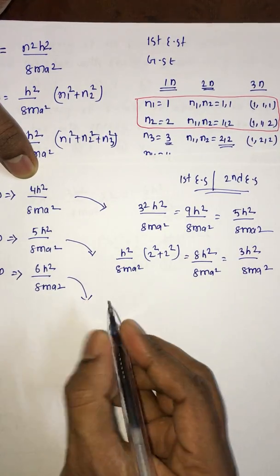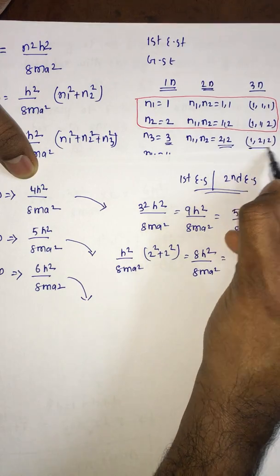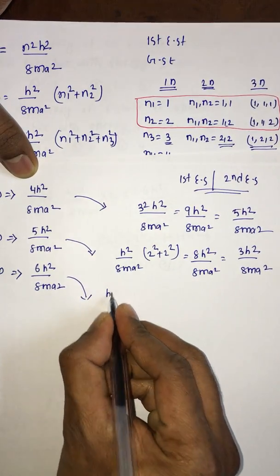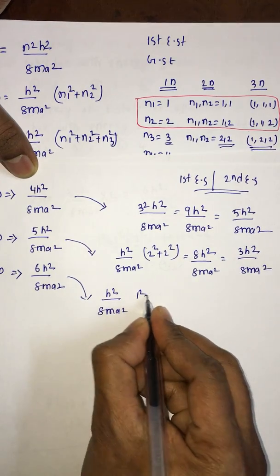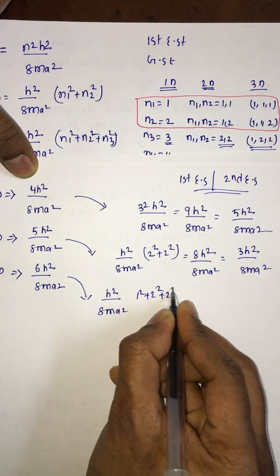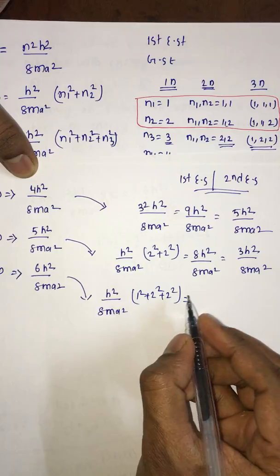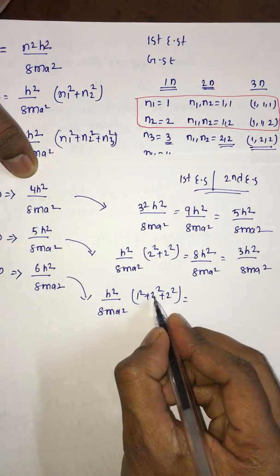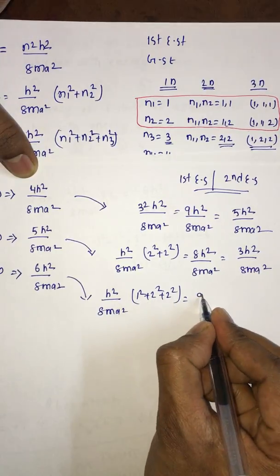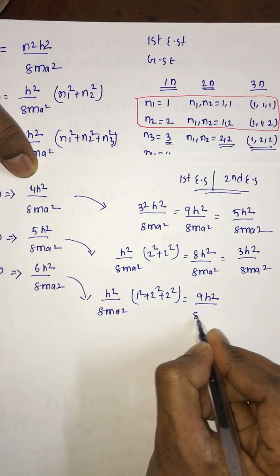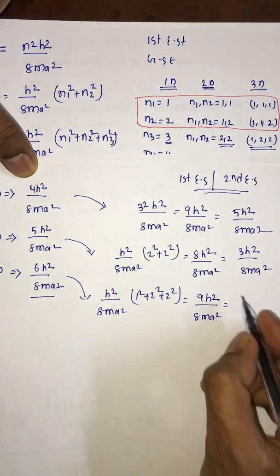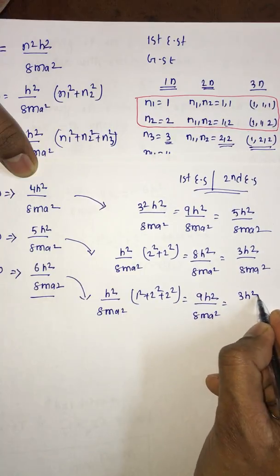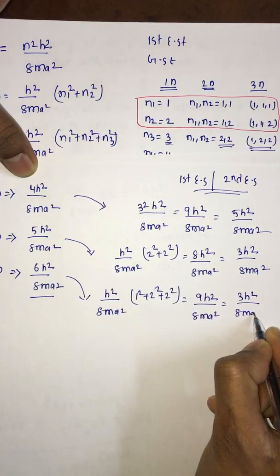Now for the 3D box, the second excited state means this one, h square by 8 ma square times 1 square plus 2 square plus 2 square. This comes out to be 1 plus 4 plus 4, 9h square by 8 ma square. And the difference between this and this comes out to 3h square by 8 ma square.